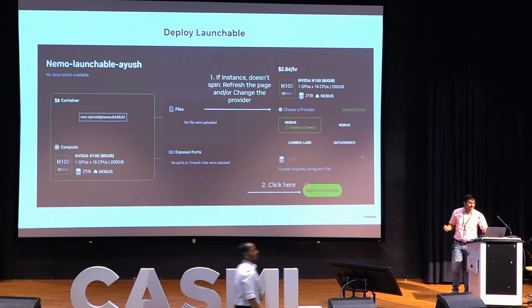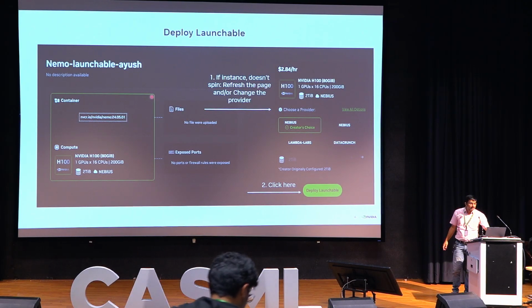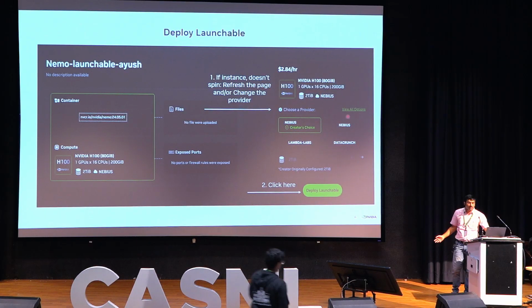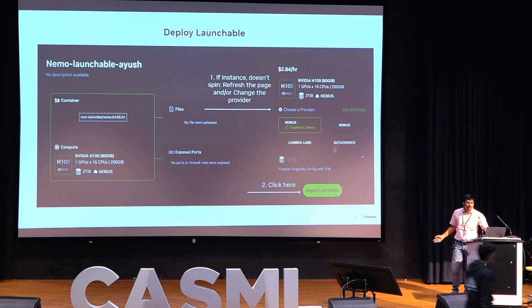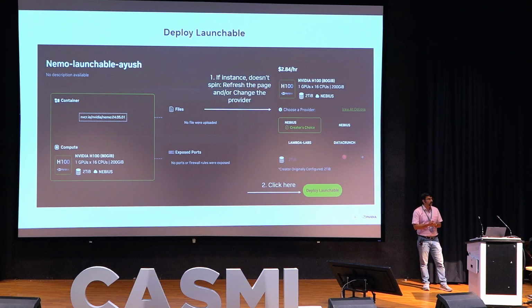If your instance doesn't spin up and is showing some error, then you refresh the page or change the provider. There are several providers and there is an arrow button at the right end. You click on that, choose any provider which you feel like, and then we'll wait for some time. We'll come back to the presentation after that because it will take a few minutes to spin up.